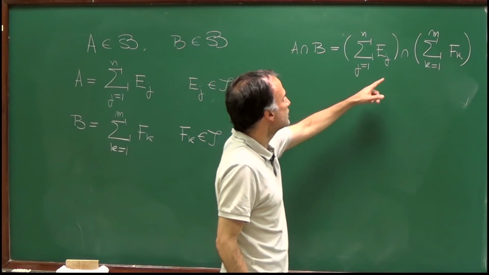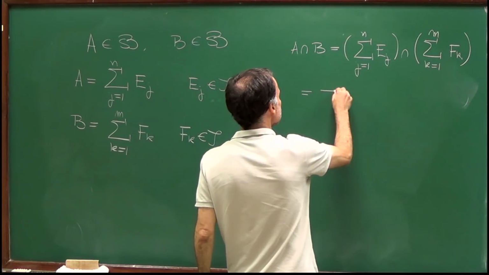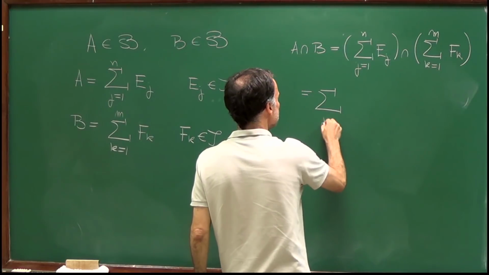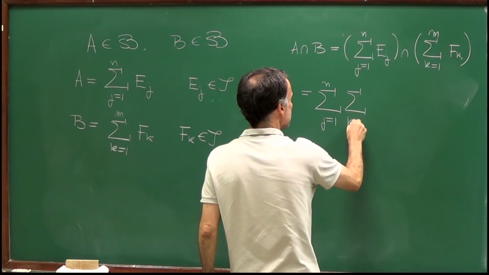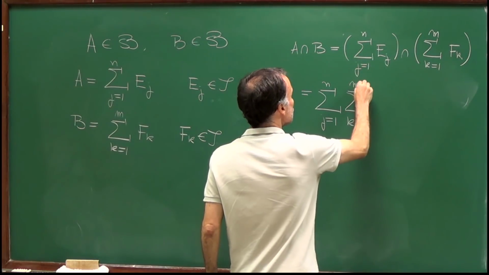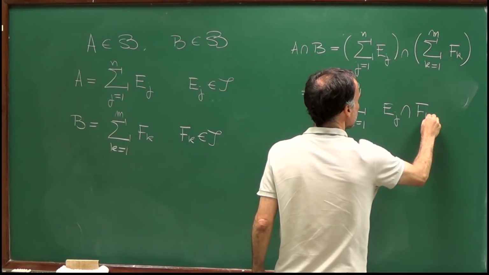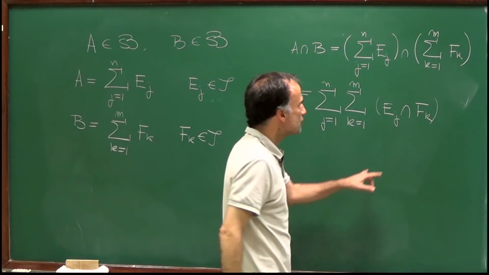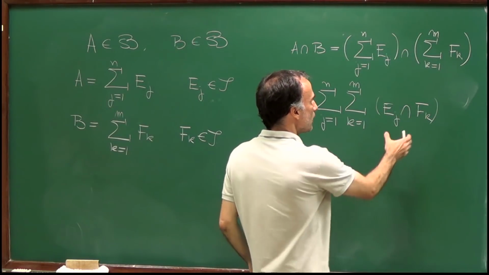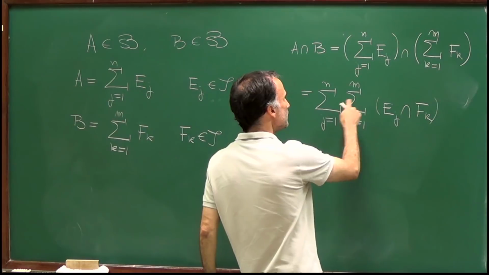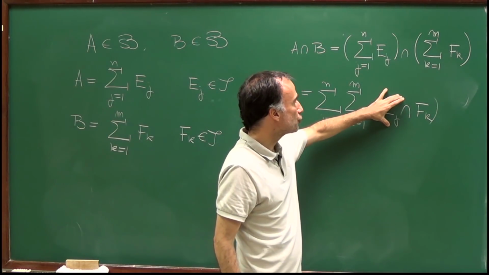Now, let's distribute the union with the intersection. So what we get is that this is the union over J and K of E_J intersection F_K. You can check that these sets are disjoint two by two, so that indeed we have here a union over sets which do not intersect.